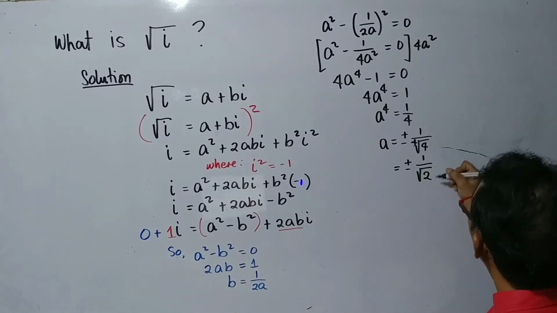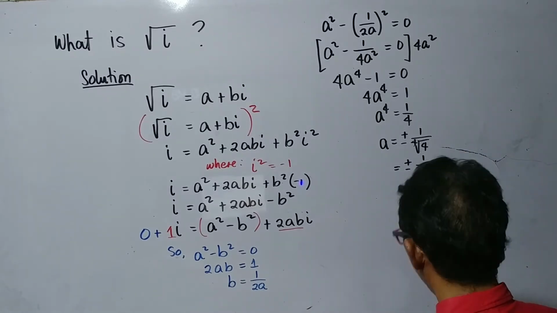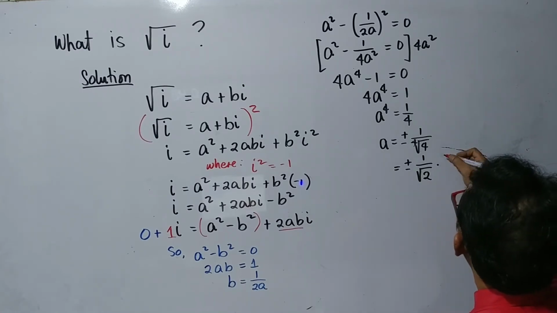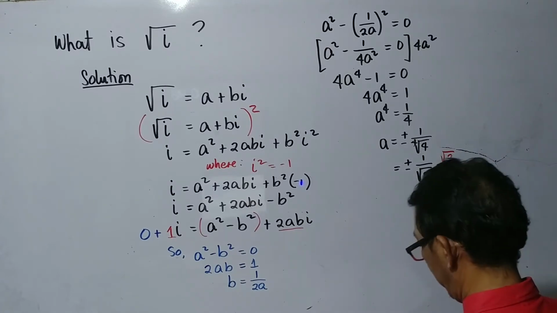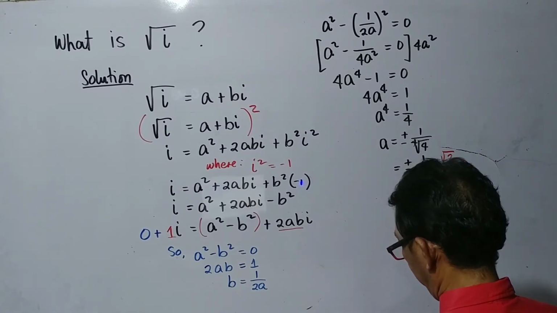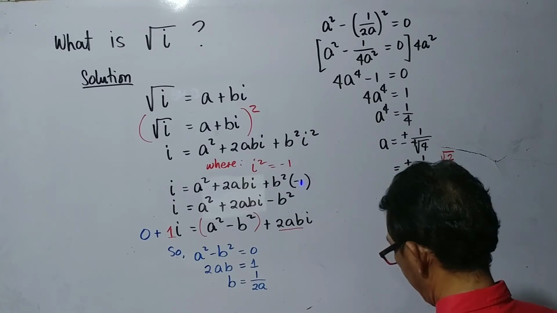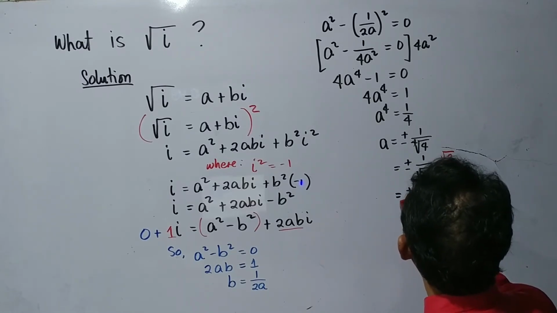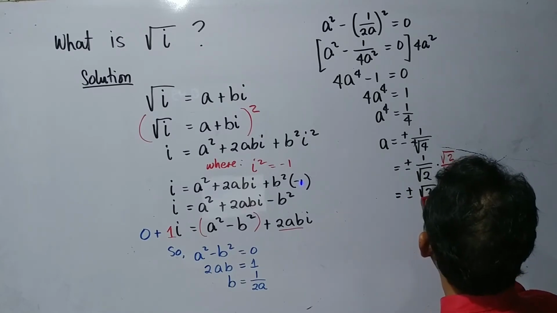Then rationalize with the conjugate, square root of 2 over square root of 2. We have now our a equals plus or minus the square root of 2 over 2.